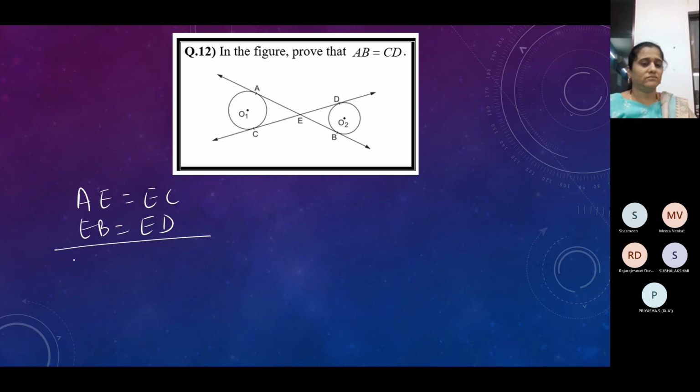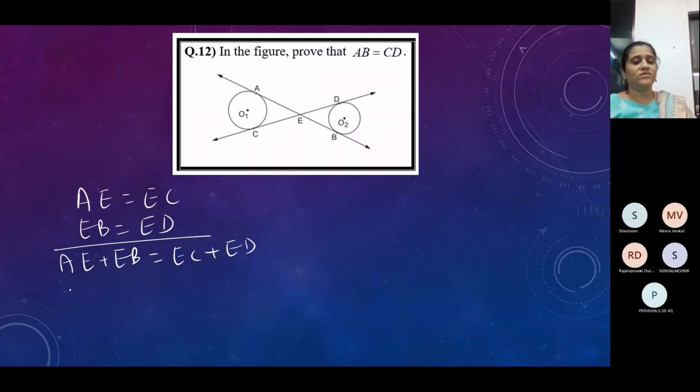AB is equal to AE plus EB, which is equal to EC plus ED. What is AE plus EB? AB is equal to EC plus ED, which is CD. Very good.